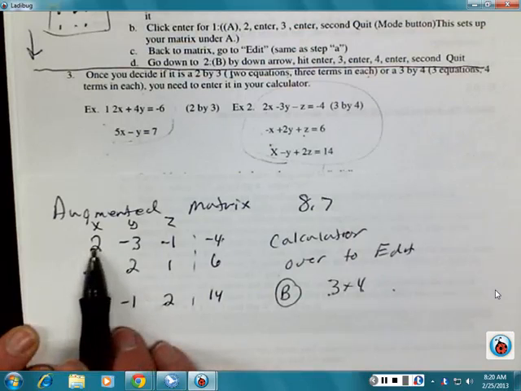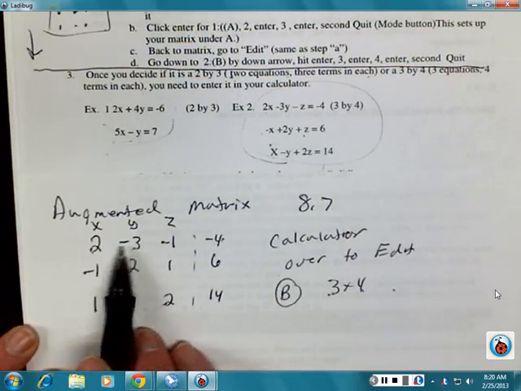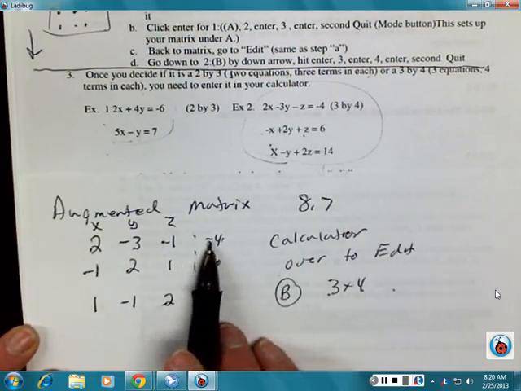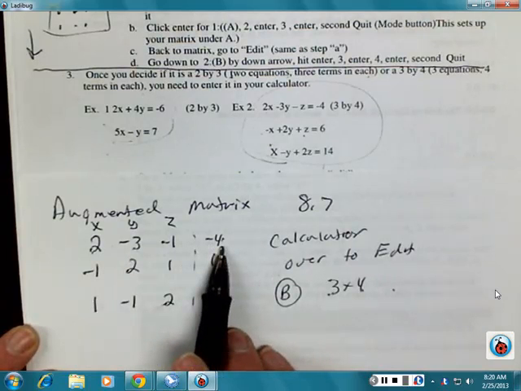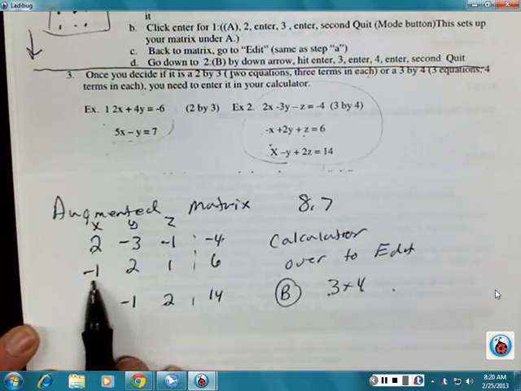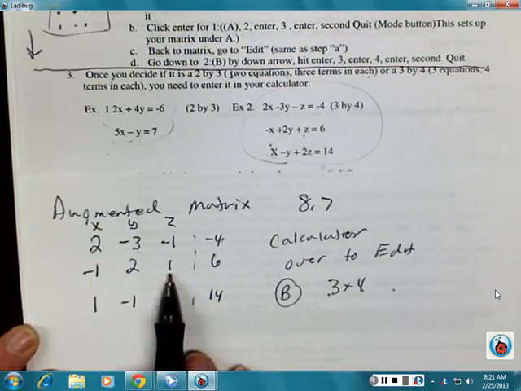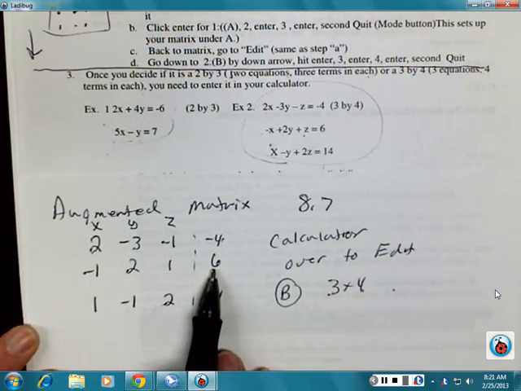Then put my numbers in. I'm going to go 2, enter, -3, enter, -1, enter, -4, enter. So your first line should be in. Your calculator will automatically hop down to the next line. Did it? Okay. Then it's -1, enter, 2, enter, 1, enter, 6, enter.